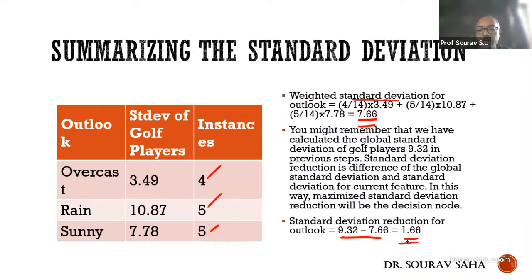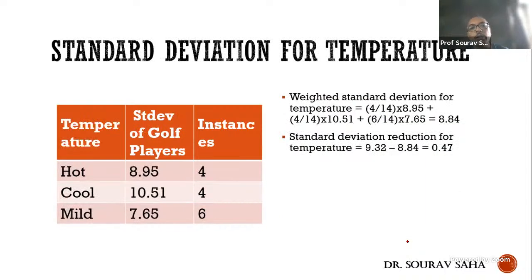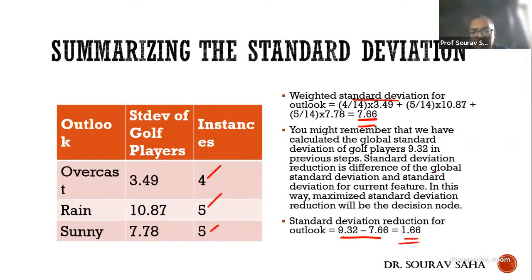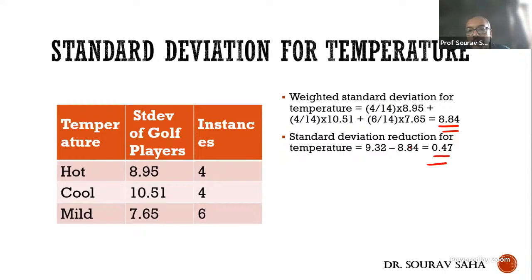I can do this for the other variables as well. Let's look at the temperature. The standard deviation for temperature is 8.84, so the reduction in standard deviation is 0.47. Just to show you, for outlook the standard deviation was lower, which means it is more pure compared to the 8.84 here.